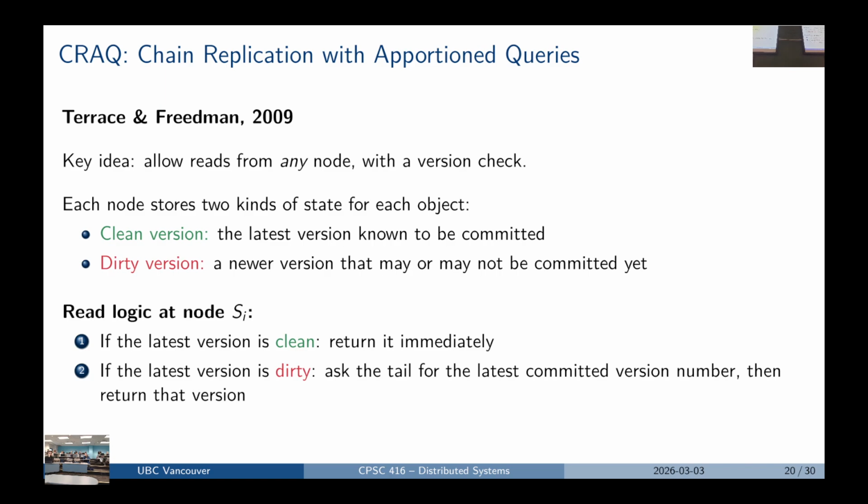Now we have to propagate that through, because now we need to know when the tail has committed it. But it does solve our healing problem. Remember when we had a node in the middle die and we had to heal that? Now we actually know what operations were still outstanding, and we can send those again. So that makes the repair in that case easier.